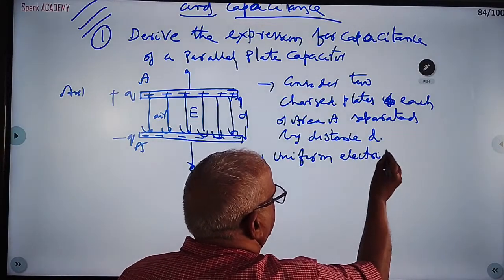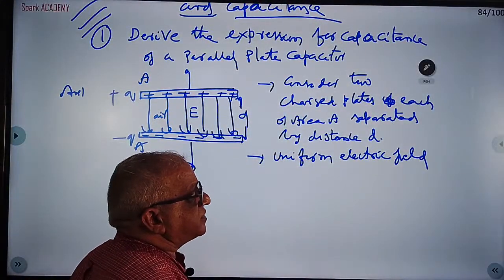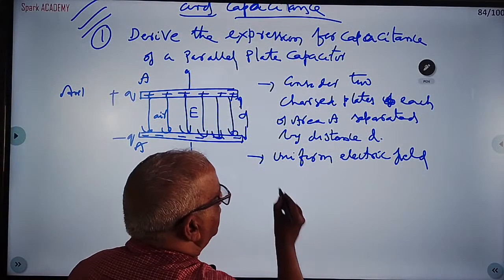What type of field is there between them, students? Electric field, magnetic field or gravitational field? A uniform electric field exists between them.